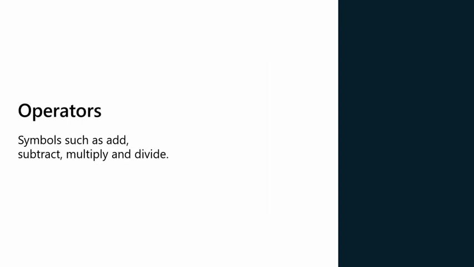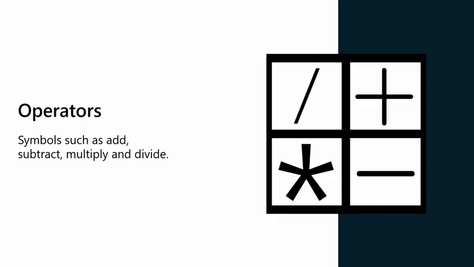The symbols that are used to indicate mathematical actions in Excel are known as operators. Operators are used for actions like addition, subtraction, multiplication, and division. For example, you can use operators to add the values of two cells together or divide the value of one cell by another.